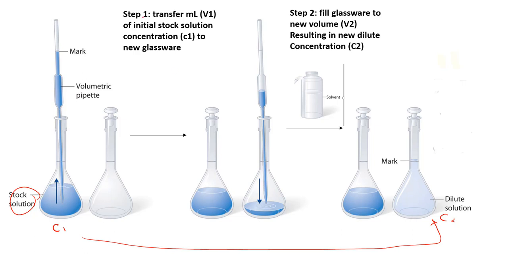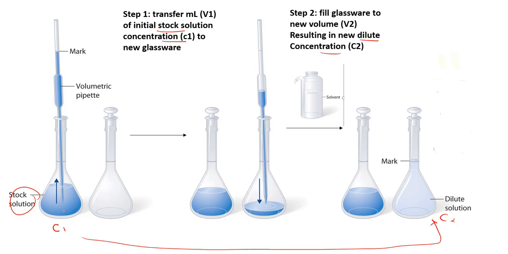So if you take a look where it says step 1, we have our initial stock concentration of C1, and our goal is to create the diluted concentration, C2, which is what we will distribute to students inside the lab. But we need to make sure that we have the diluted concentration measured out properly.